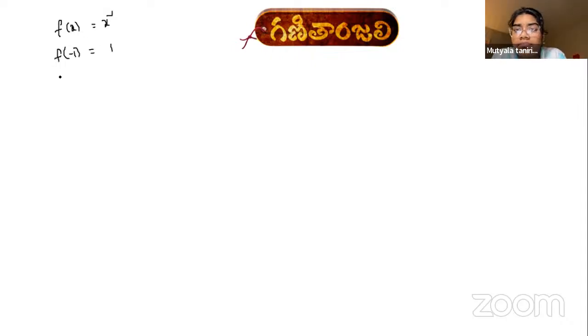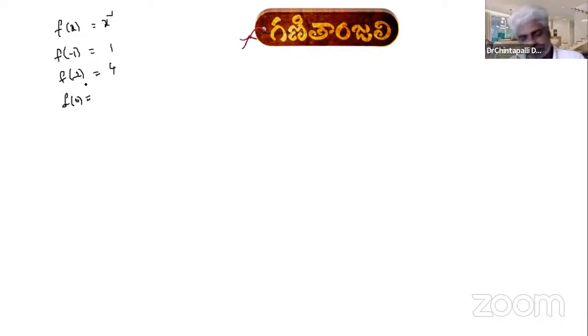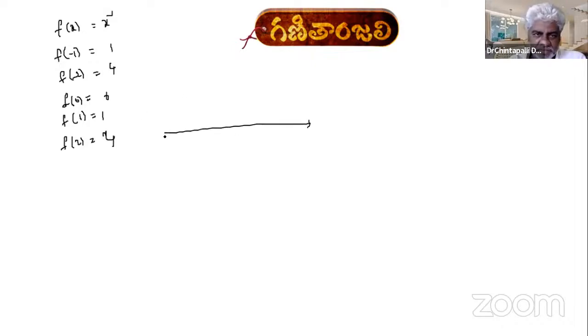F of -2 is equal to 4. F of 0 is equal to 0. F of +1 is equal to 1. F of +2 is equal to 4, right? If you try to draw it on a graph, we get a shape like this.